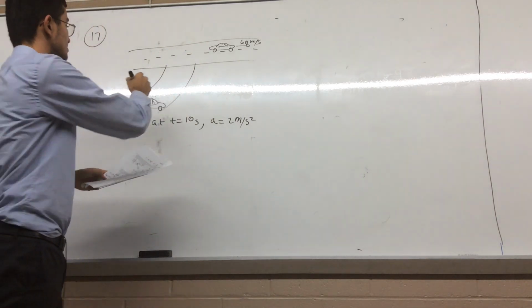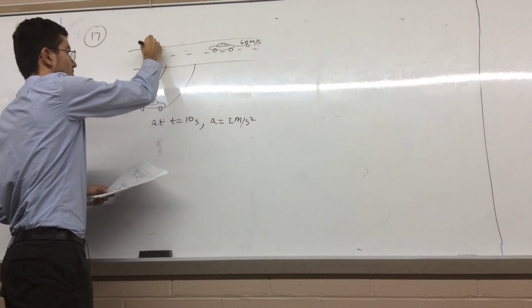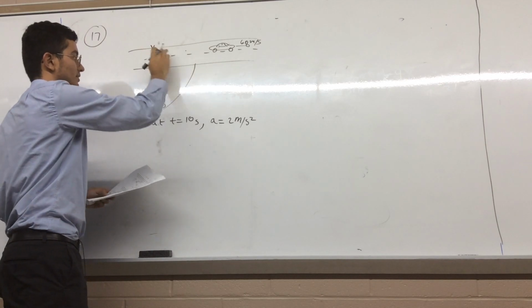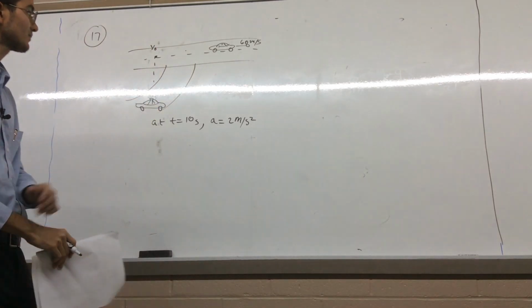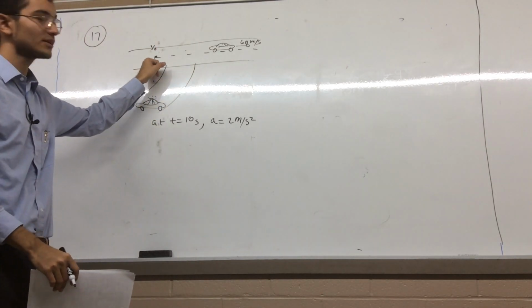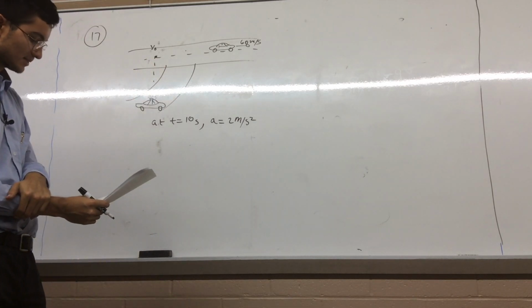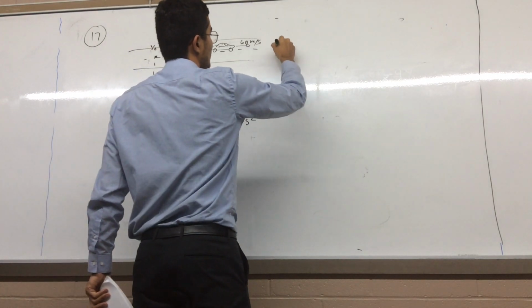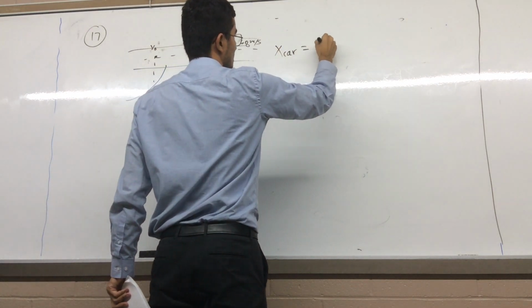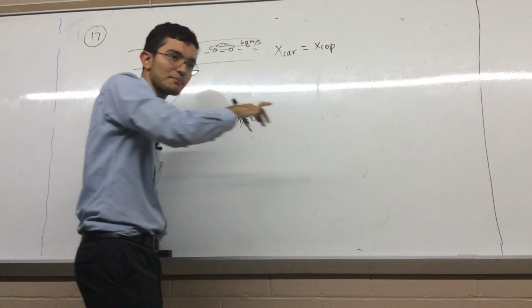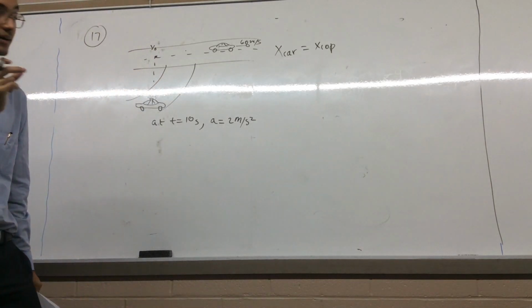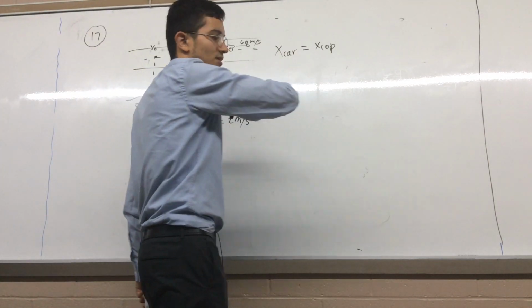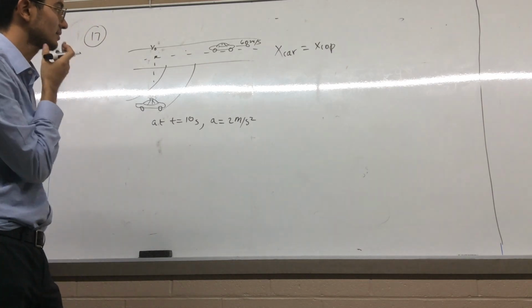So this is the original point, x0. The car passes the cop at x0, so that's the initial value of the position. Here's what we're going to do: the same thing. We want x car equal to x cop, and then find the time. But the position function is going to be a little different, and you will see why.